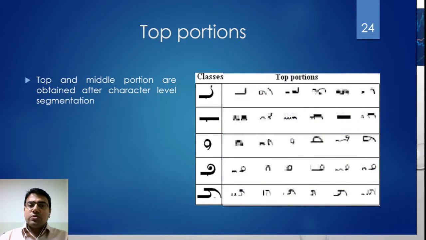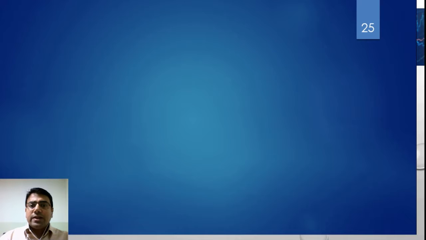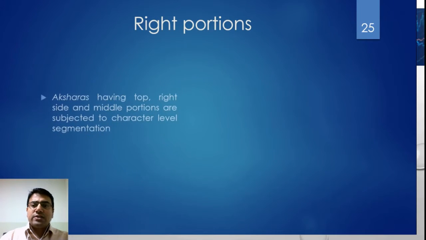Each top portion also results in variations because the consonant portion is connected to the whole modifier in different ways, resulting in different shapes. For example, this particular type of top portion results in different variations as shown in the figure here, and this type of top portion results in different shapes. So this is the main challenge when performing the top portion recognition task. There are several right side portions as well.